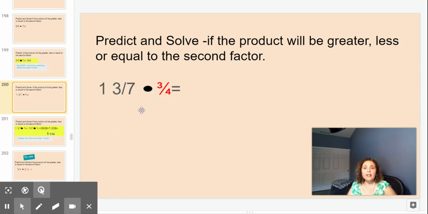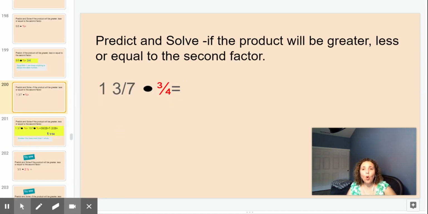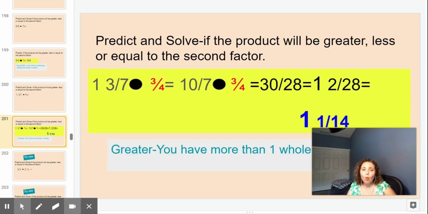Okay, let's look at another one. 1 3/7 multiplied by 3/4. Is my answer going to be bigger or smaller than the 3/4? What do you think? Because I have a whole, that means I'm multiplying by more than one.